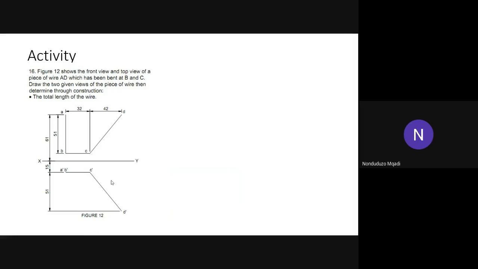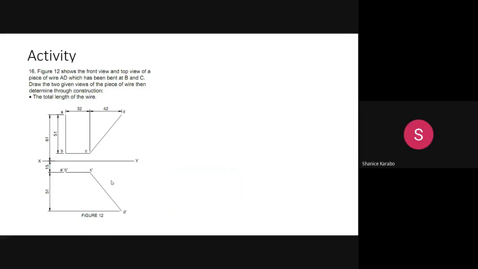So after finding the true length of line CD, you go down and write AB is 51, plus BC 32, plus the true length that you would have got for CD. You combine those measurements, and then you get the total length of the wire. Okay, thank you.